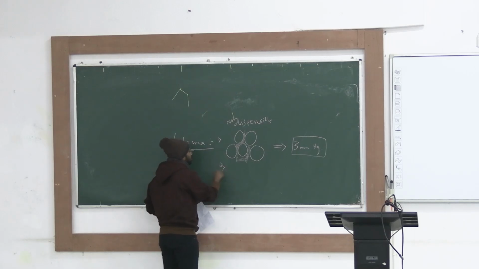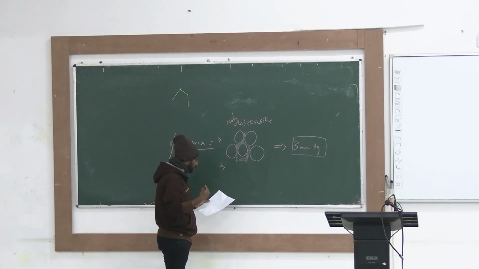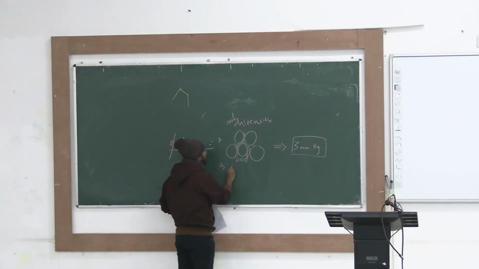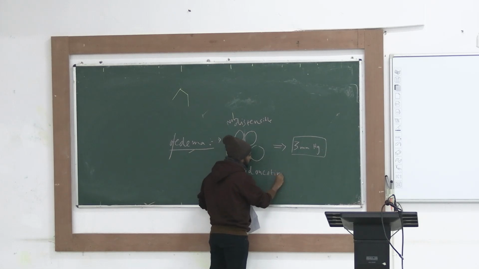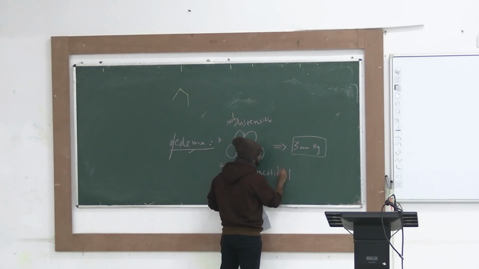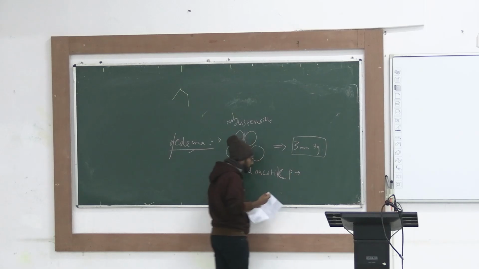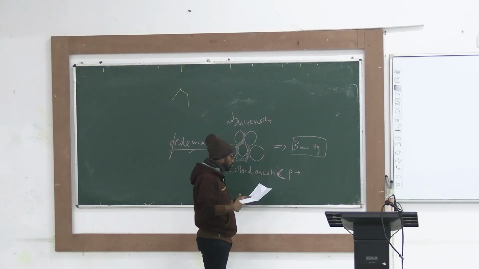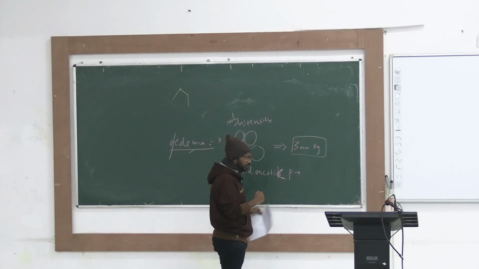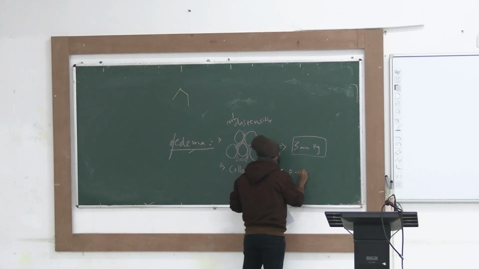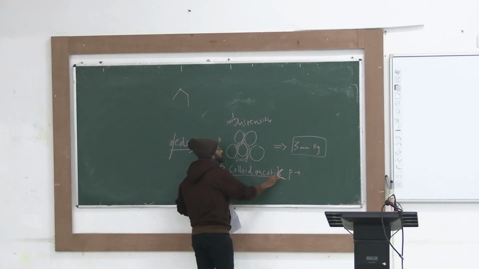The second safety factor for edema is your colloid oncotic pressure. Like I have already told you, this colloid oncotic pressure is due to proteins. Now this colloid oncotic pressure is the major factor for reabsorption of fluids, right? So what does this colloid oncotic pressure produce?